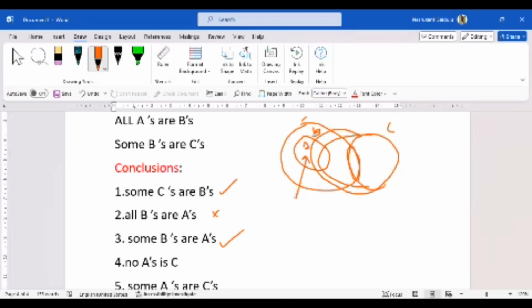But I'm not 100% sure. Only if you are 100% sure can you say that it is true. If 1% is not sure, keep quiet. There is no connection between the A and C, so keep quiet. Cannot say true, cannot say false, right?